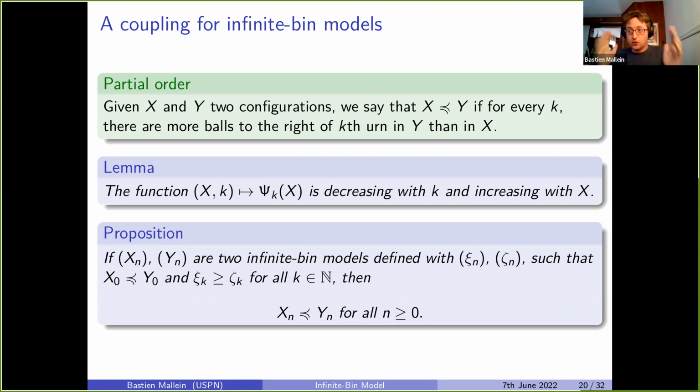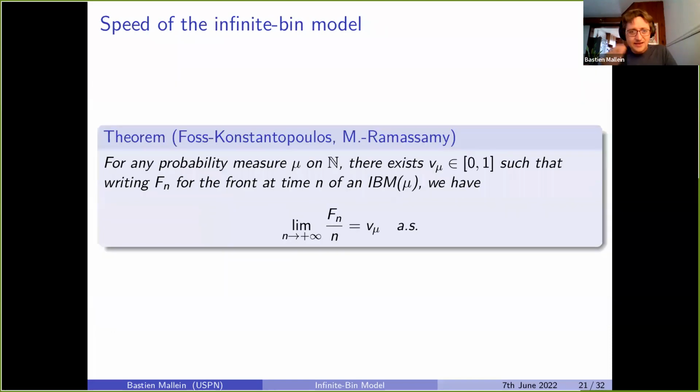And so you can compare infinite bin models with different reproduction laws and different initial configurations. And this is quite useful to prove the fact that the front of your infinite bin model has an explicit speed, which is a fixed constant. It's not a random variable. So if you look at the value of the front at time n in your infinite bin model divided by n, this converges to a constant that depends on the law mu.